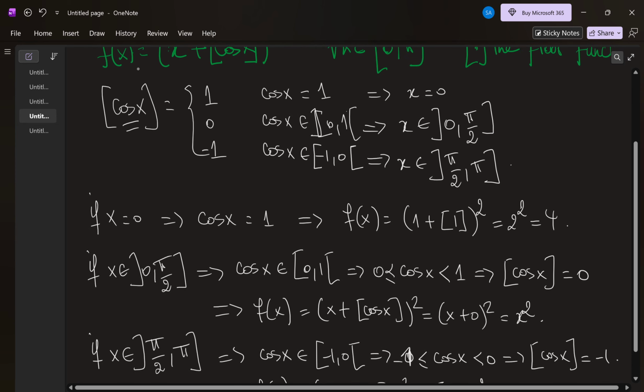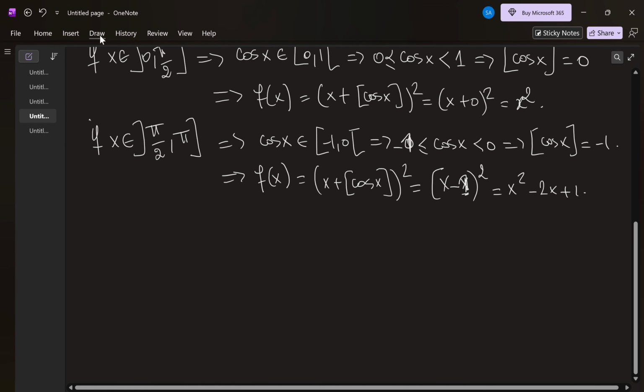So we've defined it, now we give the full definition of the function f.